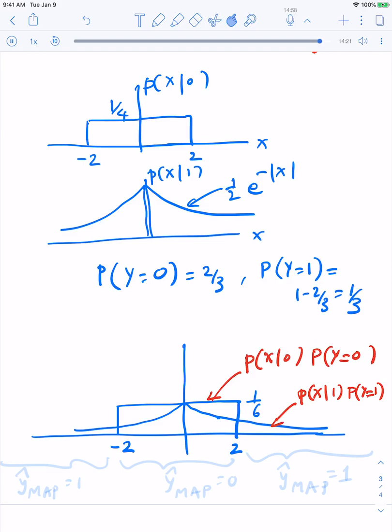So out here, we will say y hat MAP equals 0, and out here, because the P of x given 0 density has no support, this product is bigger, and y hat MAP is 1 here. So that's basically an illustration of how the MAP rule can be different from the ML rule when the priors are different from a uniform prior.